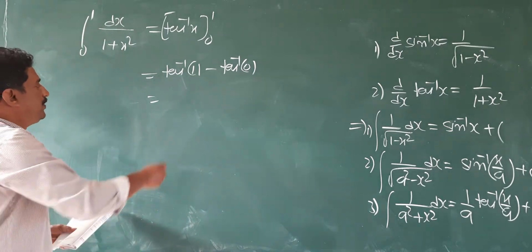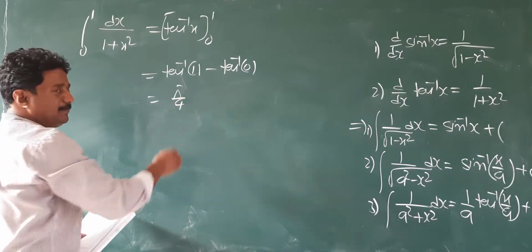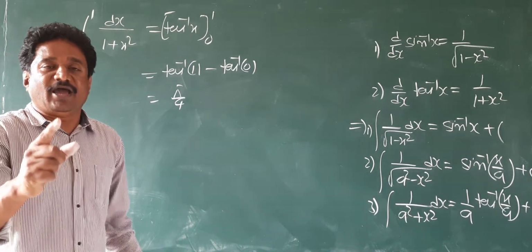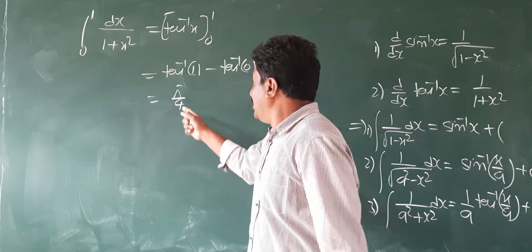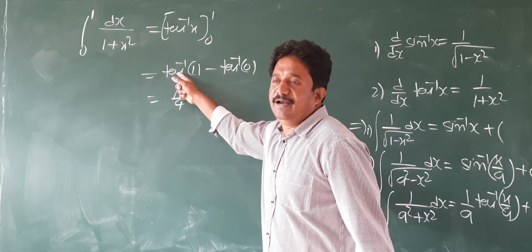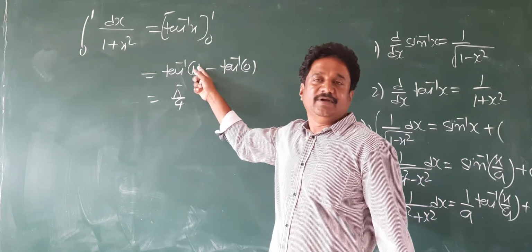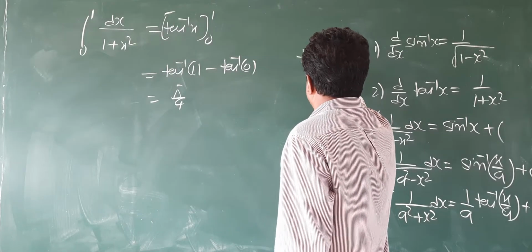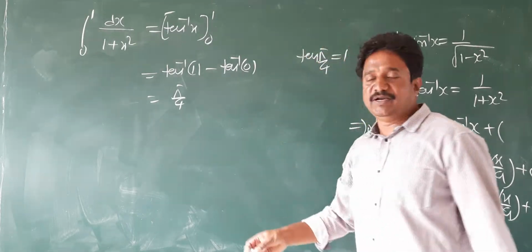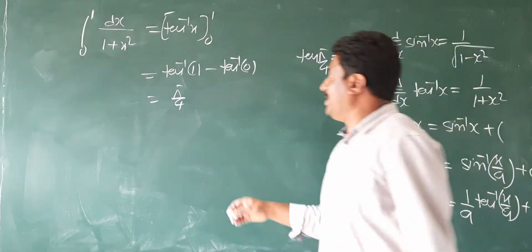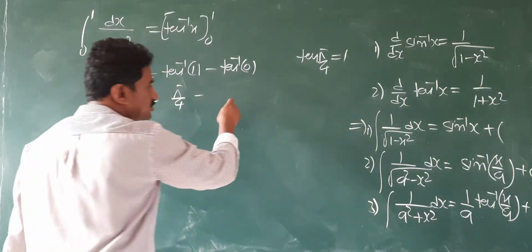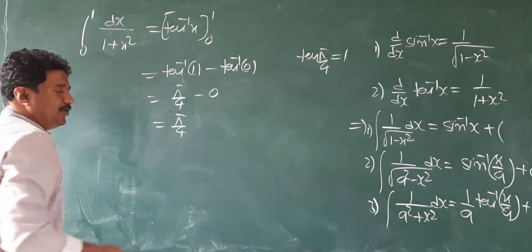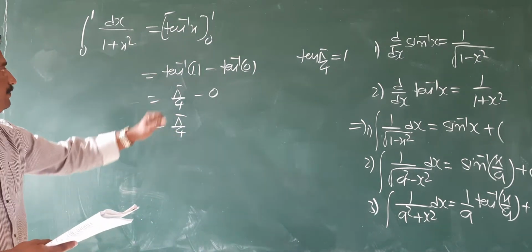Minus tan inverse 0, which is 0. So the answer is pi by 4.